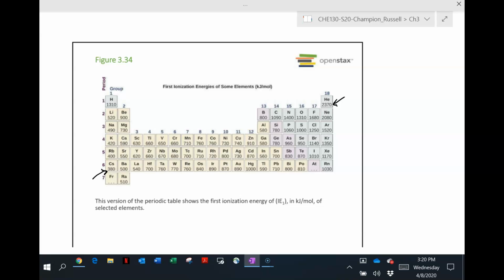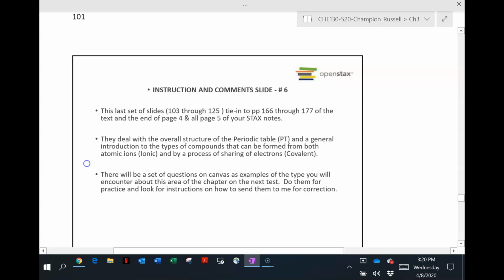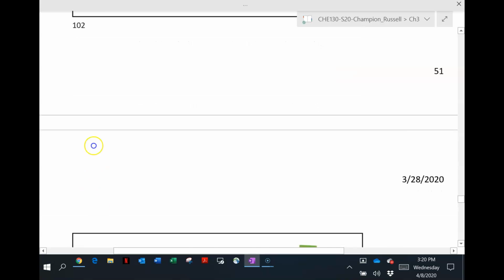To create an electrical current, you've got to get an electron away from a metal, just like in the photoelectric effect. Which metal would you choose? I would choose cesium if it was up to me, because that's the easiest one to ionize to get that current going.